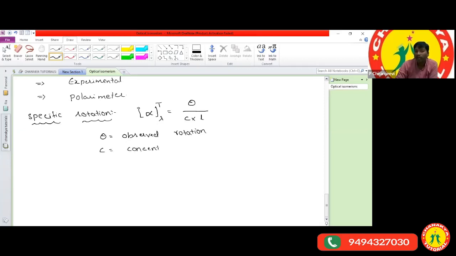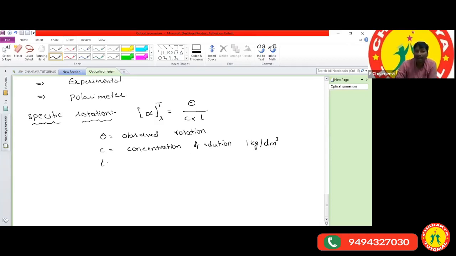How much concentration are we taking? We already know some concentration terms: molarity, molality, normality. Here, 1 kg of solute is present in 1 decimeter cube of the solvent. That much concentration of the solution we are taking.